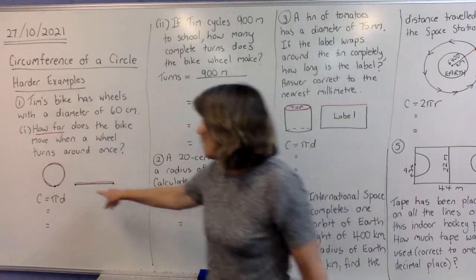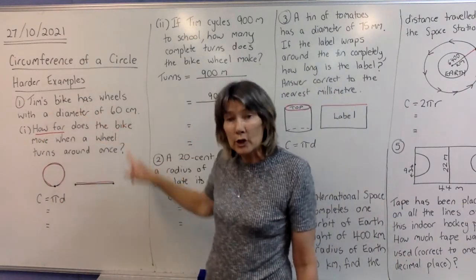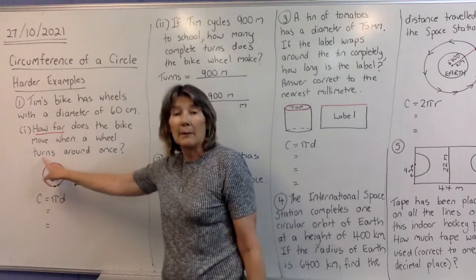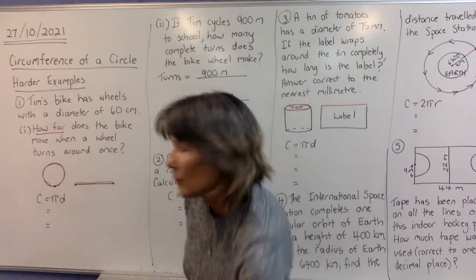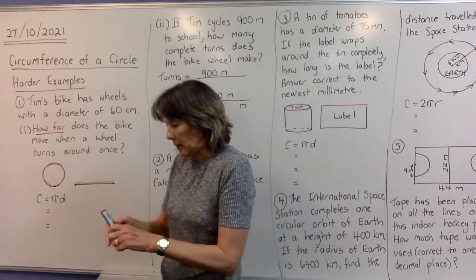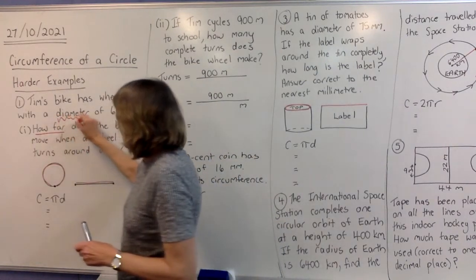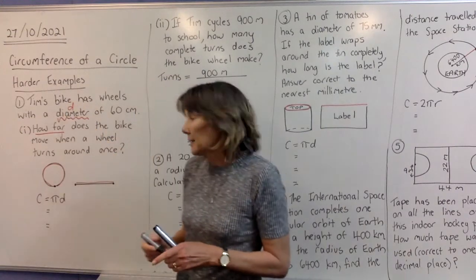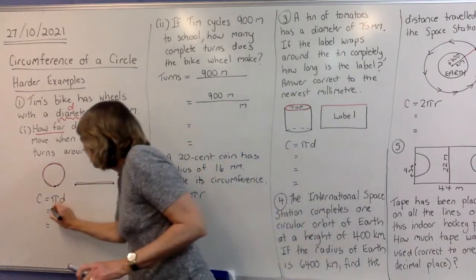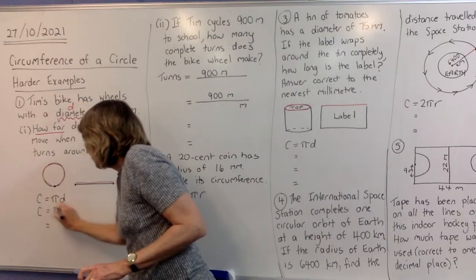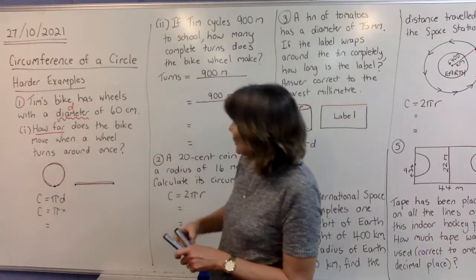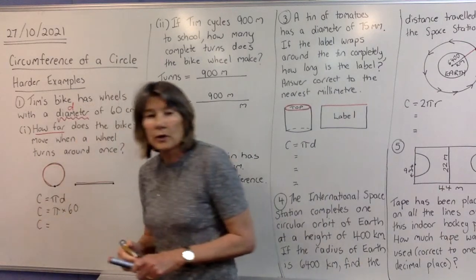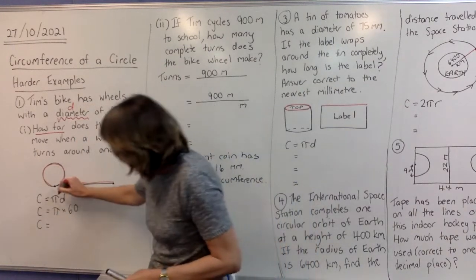So for us to find how far you went in one rotation or one turn of the wheel, we need to find the circumference of the circle. Now they've given you the diameter of the circle here, so we're going to use the formula with the d in it. So it's C equals pi d. So if we sub in pi times our diameter, which is 60, now we just go to our calculator and type that in.